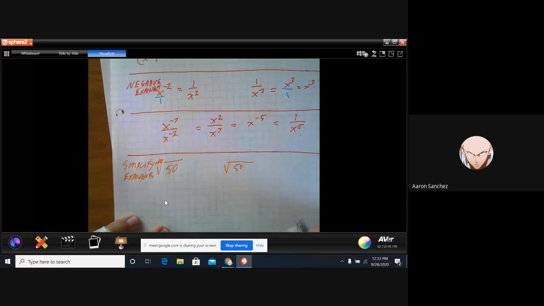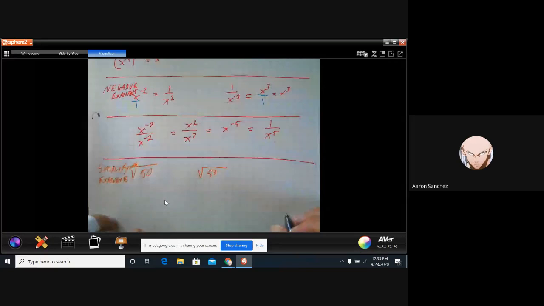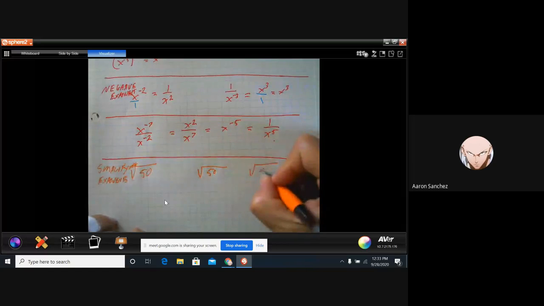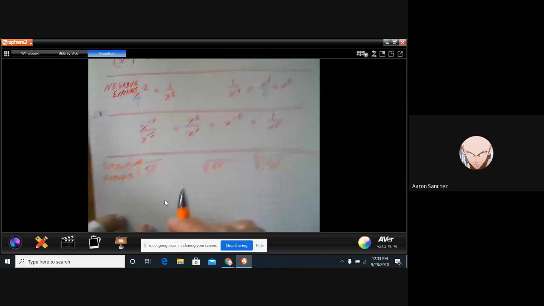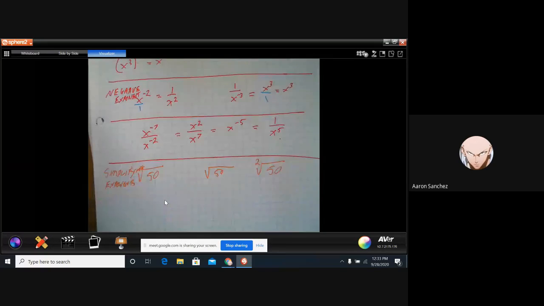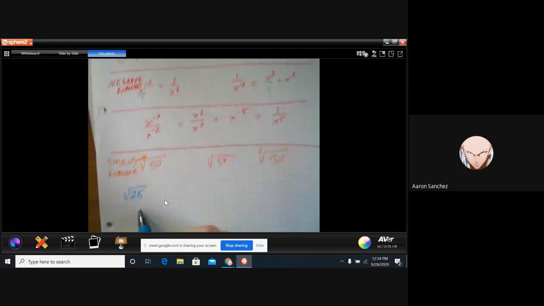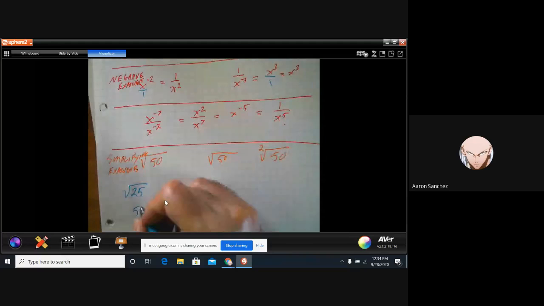By the way, the square root really has a 2 in front of it. We just don't see it. Why do we have a 2? We know that the square root of 25 is 5. That 2 isn't there, but I'm going to put the 2 there.